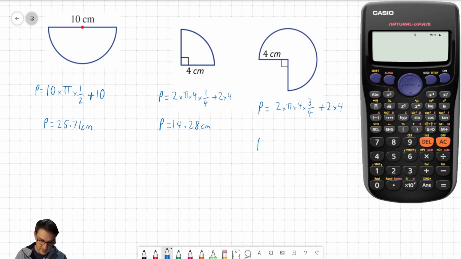So as we type this into our calculators, this is going to be 2 times pi times 4 times 3 over 4, plus 2 times 4, to include all of those parts. This gives 26.85 centimeters.